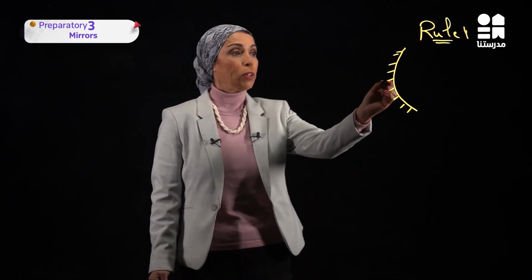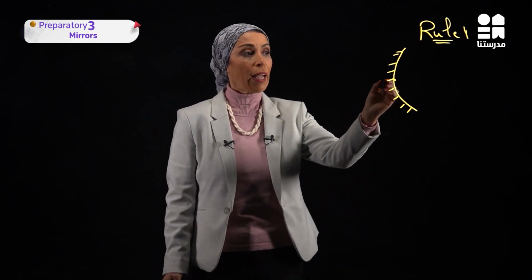In these rules, the first thing we have to pay attention to is that you are going to draw your mirror, and you have to make sure that it's a concave, meaning outer reflecting surface. Then we are going to put all the data that we know. We know that all the mirrors have a pole. This is our pole in the center of the mirror.